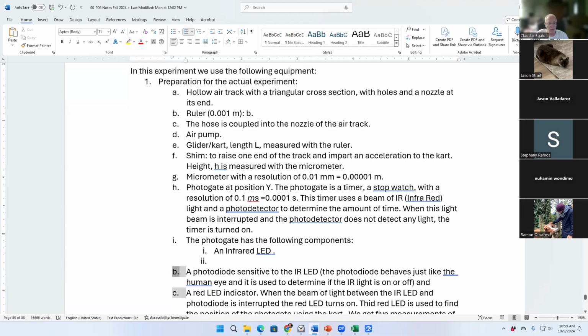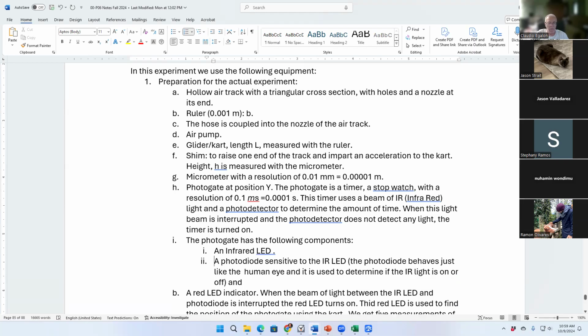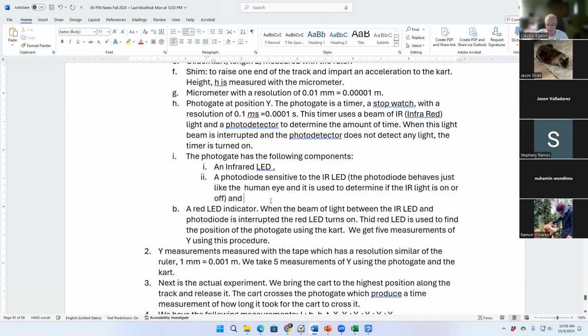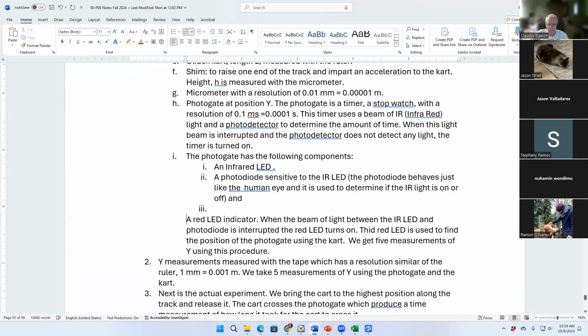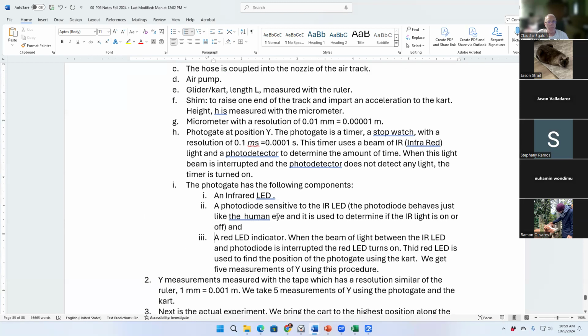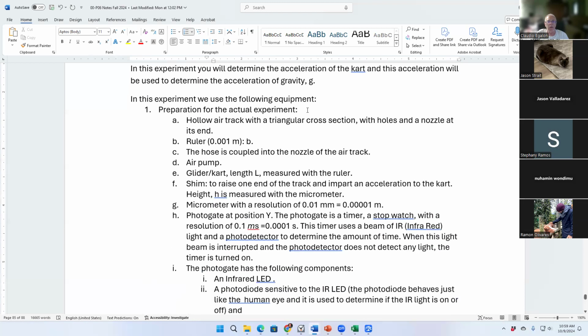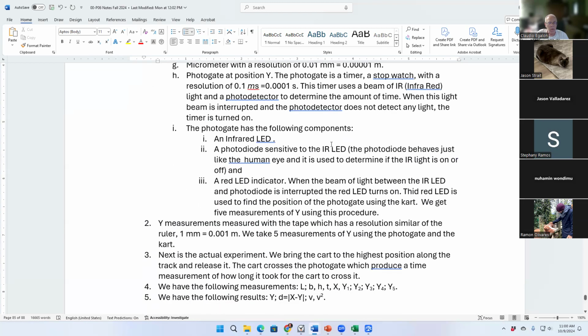Okay, here we go. Photodiode. And then the actual experiment. Preparation for this one goes right in here. E. Oh, that's not good.